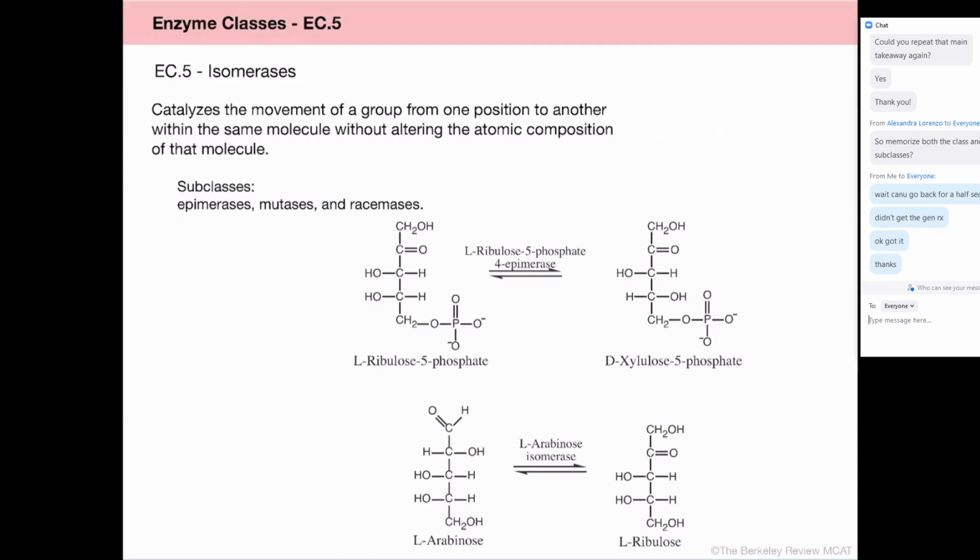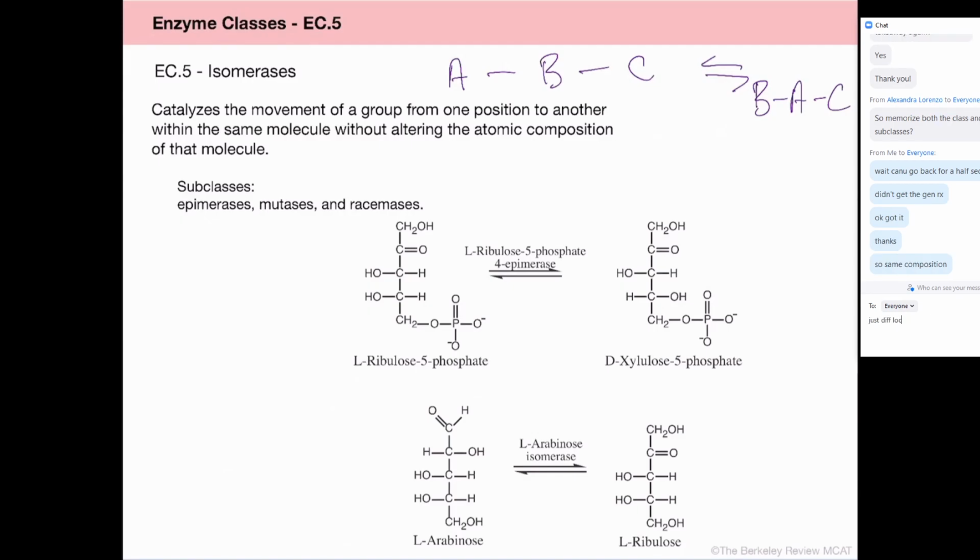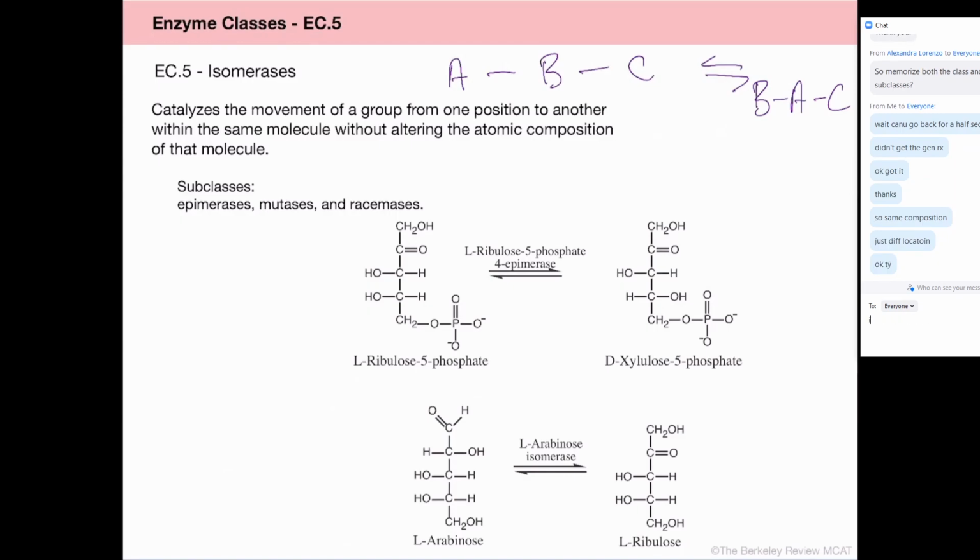It just moves a functional group from point A to point B. A general reaction would be if you have a molecule A, B, C, and then you rearrange it so it's B, A, C. You didn't change the molecule, you just moved a functional group around. Same composition, just different location. We'll see a classic one when we talk about glycolysis.